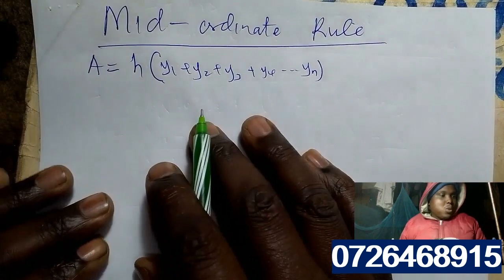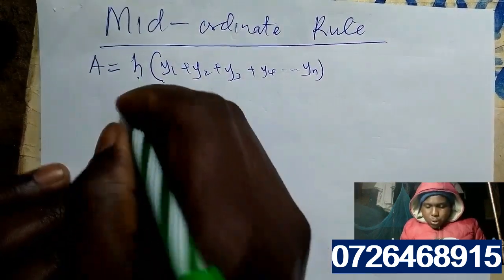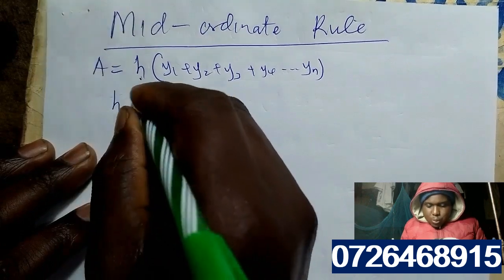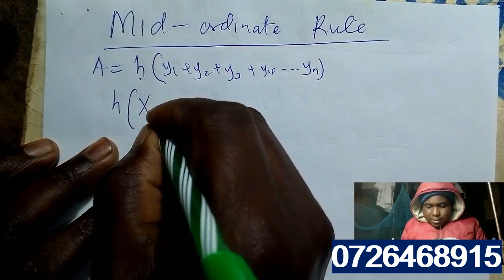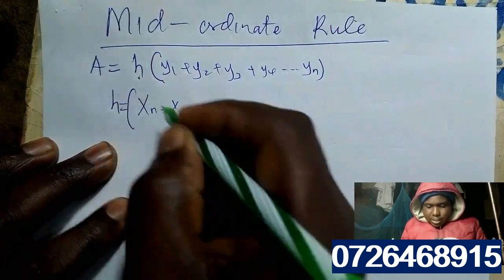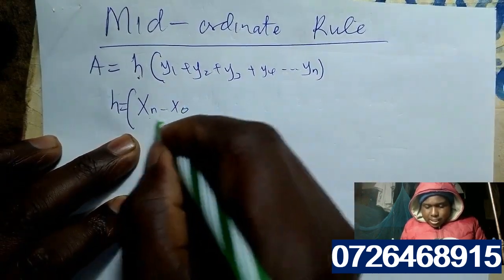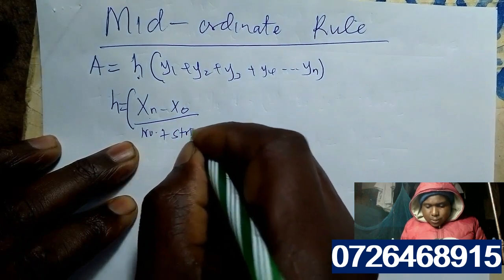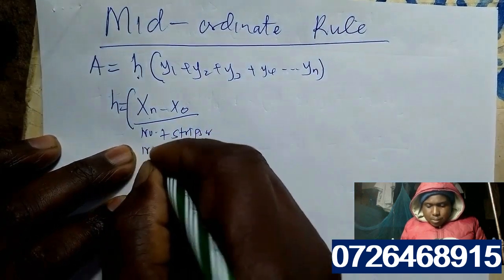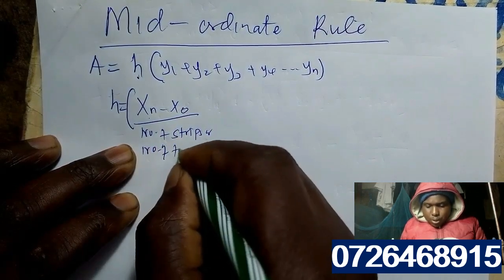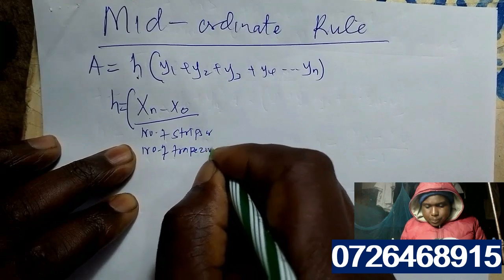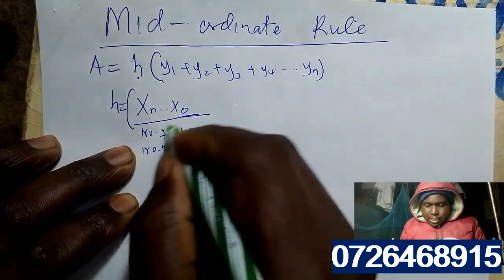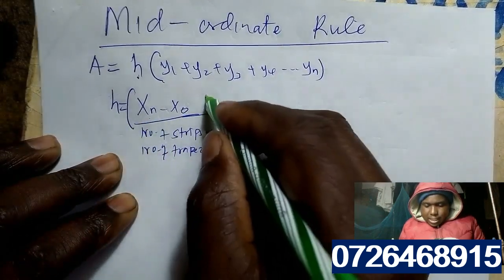This one is the simplest, it doesn't have much issue. So first we need to get h. How do you get h? You will get h the same way we have done: h is equal to xn minus x naught over the number of strips or number of trapezia.